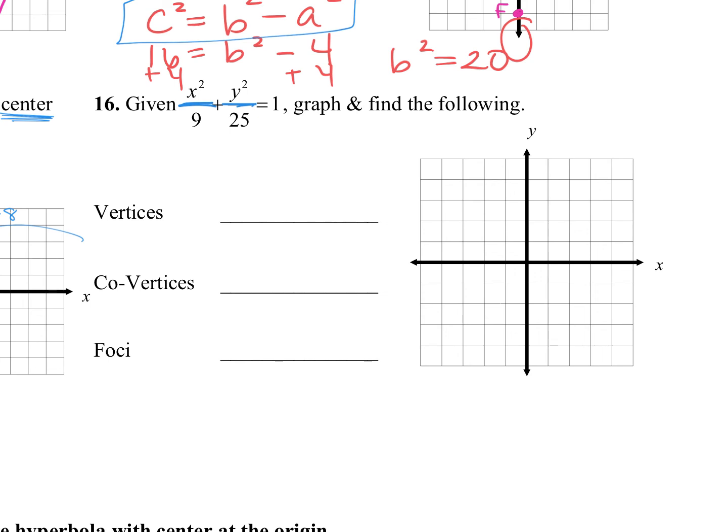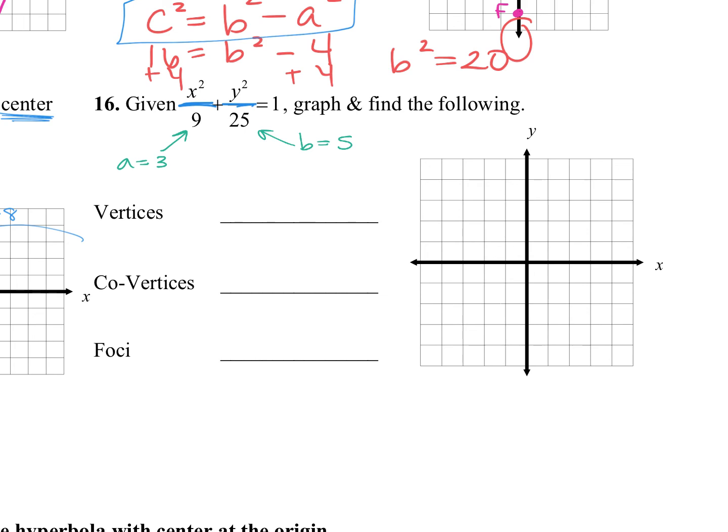A will be 3. This is A squared, right? So A is going to be 3. What's your B value? 5. B is 5. Okay, so we will have to find our C value to figure out our foci. Can you tell me what your vertices are going to be?